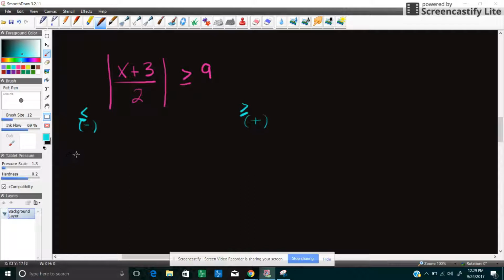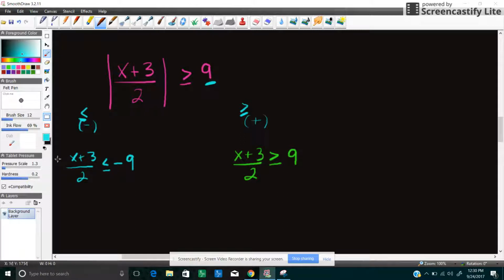For my negative, x plus 3 over 2 is less than or equal to negative 9, because that's our number that we're looking at. For the positive one, x plus 3 over 2 is greater than or equal to positive 9. Just like before, we're going to get x by itself.